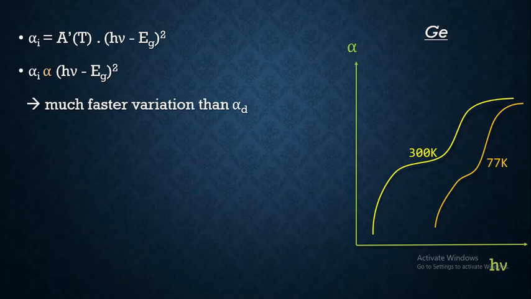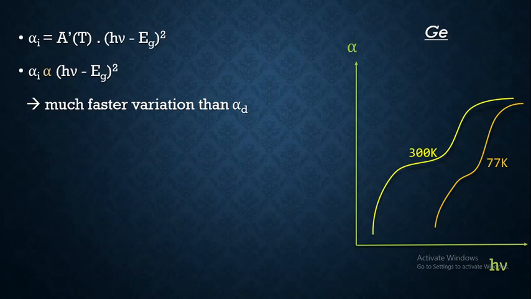So here variation in alpha I is rapid when compared to alpha d. That is, if you say h nu minus Eg equals 2, then alpha I will be proportional to 2 square, which is 4, whereas alpha d will be proportional to square root of 2, which is 1.414.